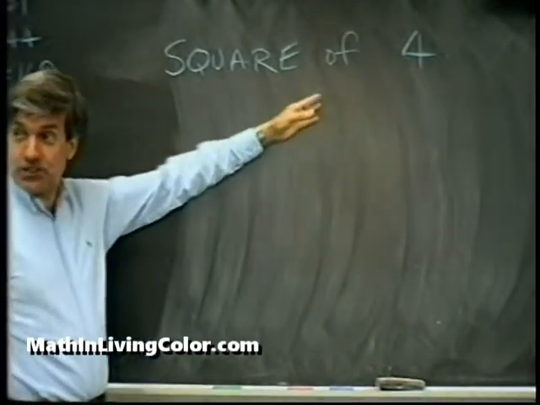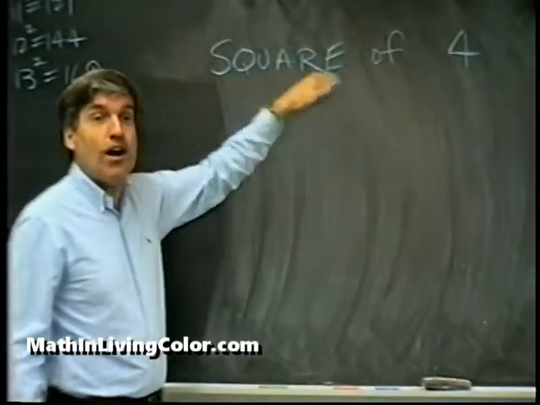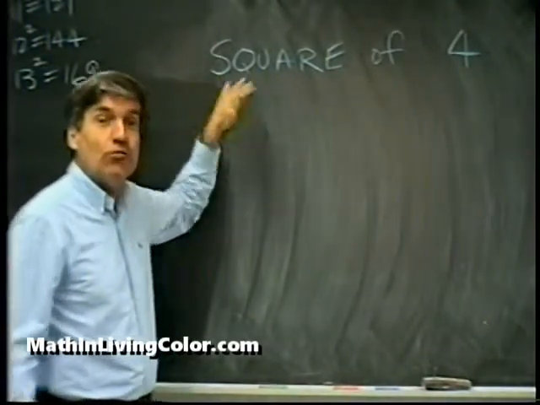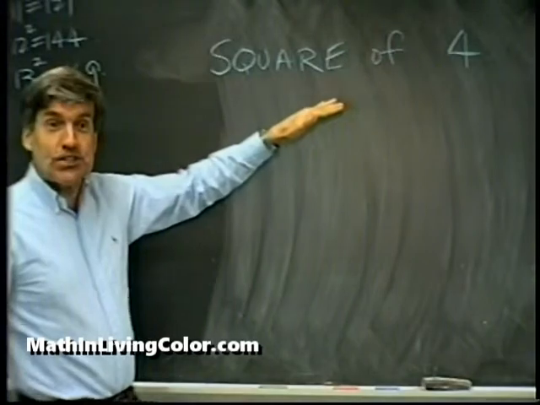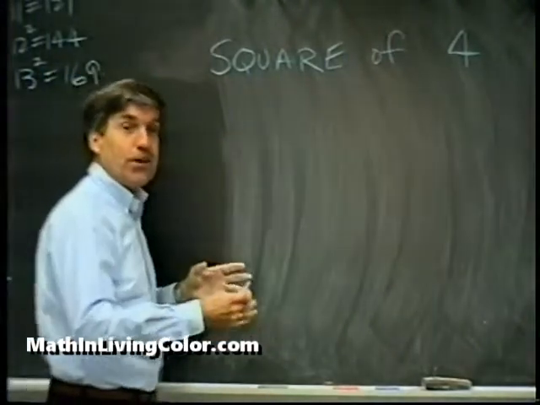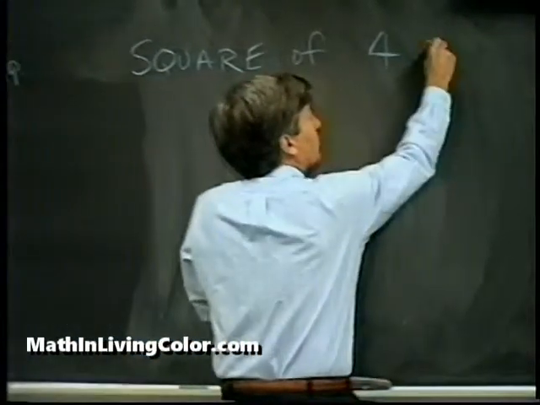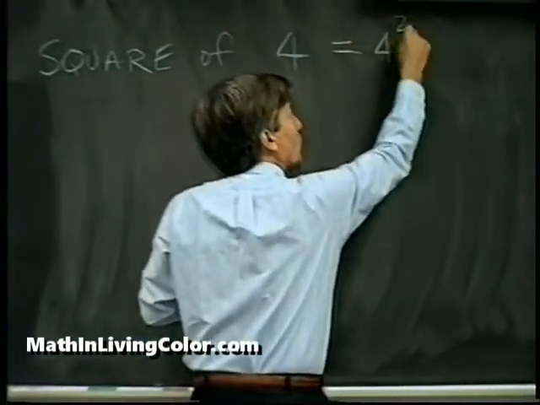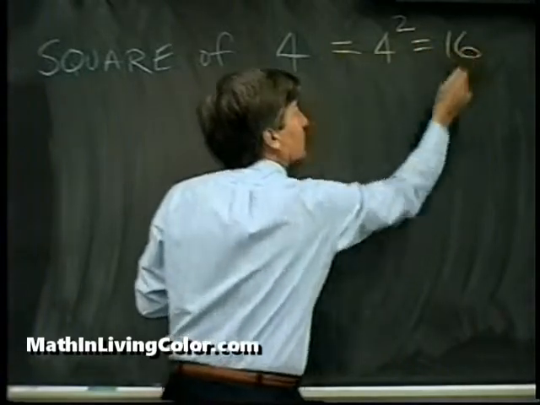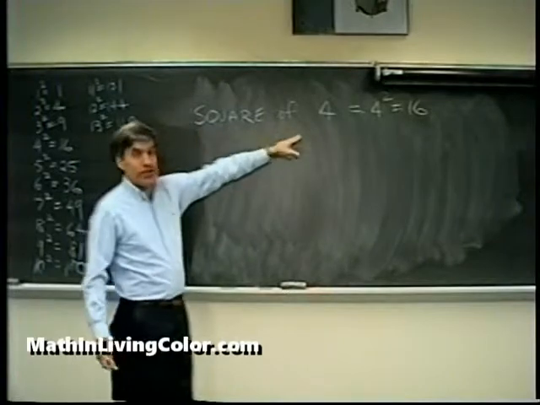Did everybody get 16? Notice the difference between the square of a number and the square root of a number. This is not just an abbreviation or a slang one for the other. They are completely opposite operations. If I ask for the square of 4, I'm looking for 4 squared, which is 16. Okay? All right, now, the square of 4 is 4 squared.